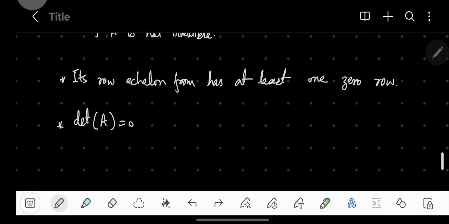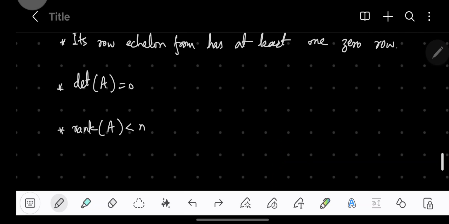Another way to say the same thing is that the determinant of A is 0, and another way of this is to say that the rank of A is less than n. In other words, the rank of A is not equal to n. So this is the corollary. These are alternative statements which are equivalent.